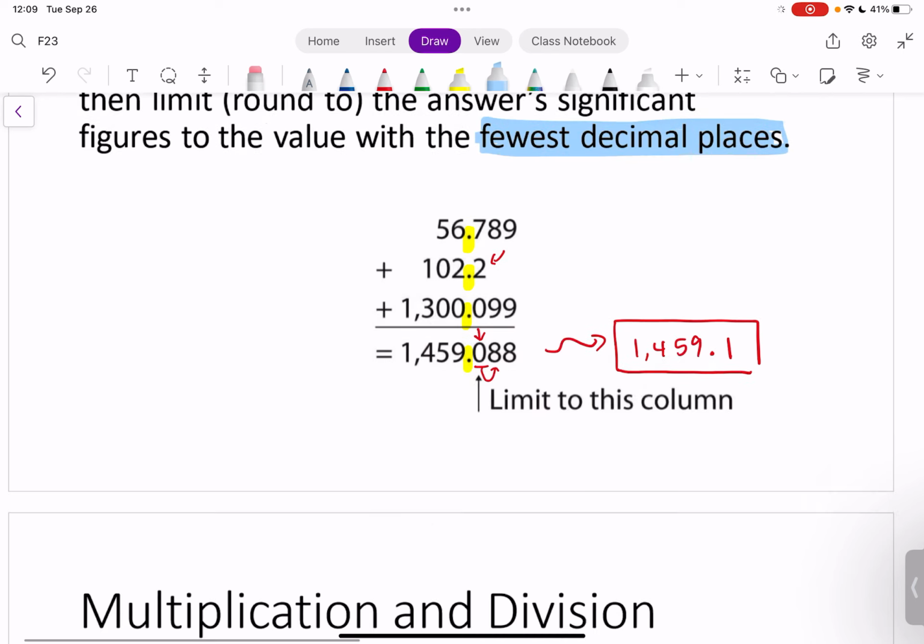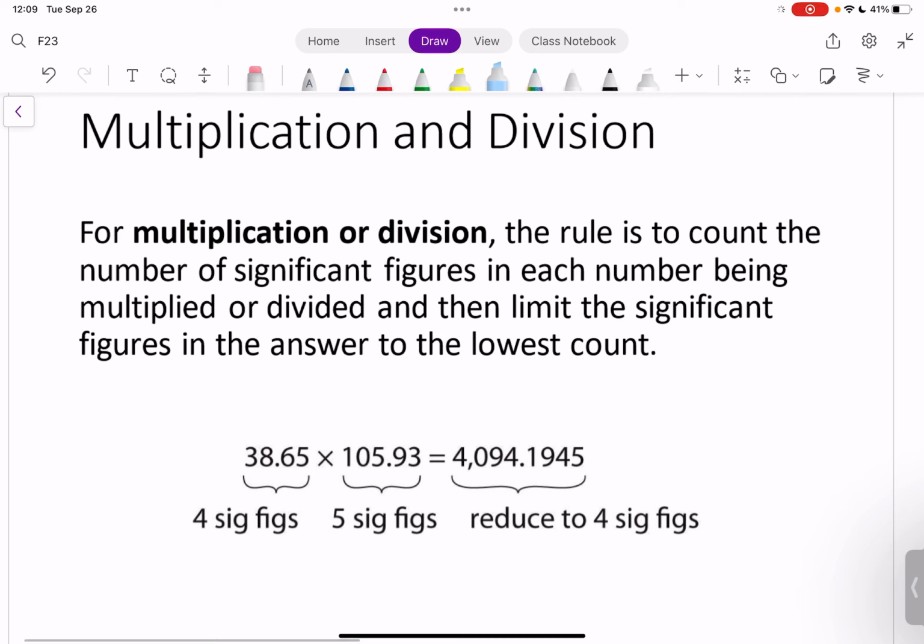And over here, we're going to round our final answer to the lowest number of sig figs. That's what lowest count means.